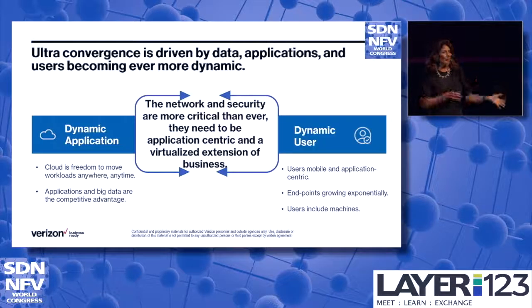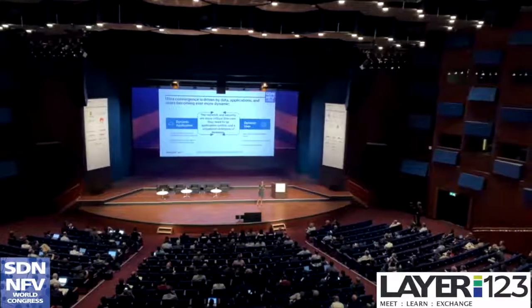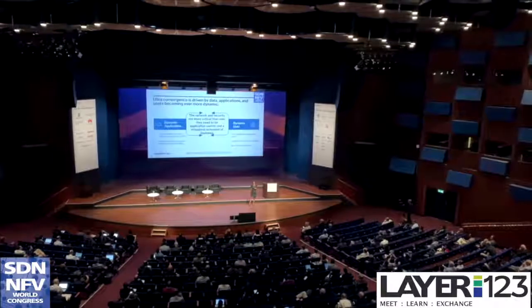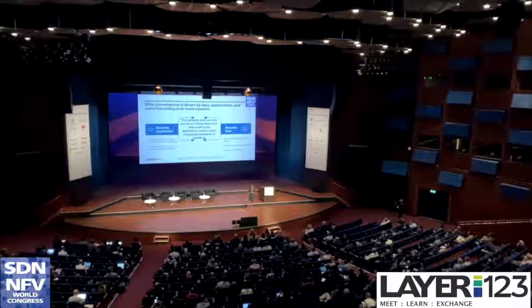Untethered meaning the applications are mobile and dynamic, the users are mobile and dynamic, and the devices they use to consume these applications are varied and wide. Today we have to use those technologies to enable business outcomes that deliver what we call ultra convergence, where data, applications and users are front and center, more dynamic than ever, and we build products and solutions to deliver those capabilities.